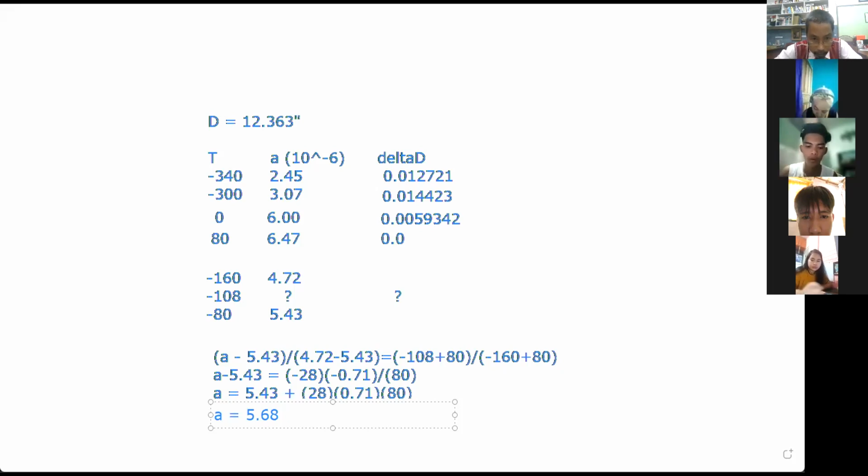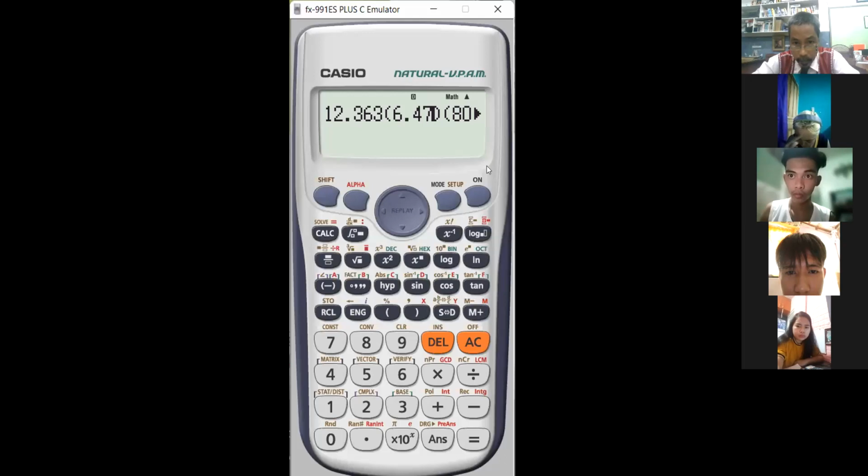Our calculator. What is this value? 5.68.